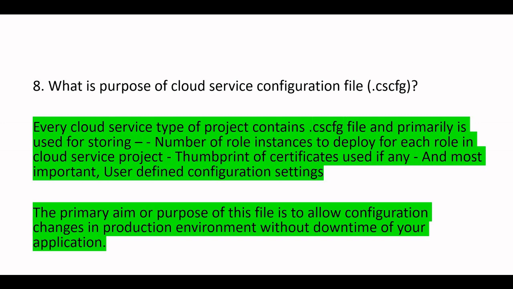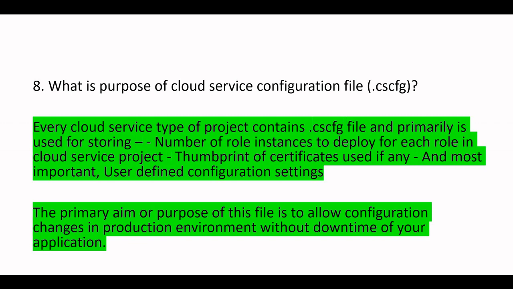To avoid these scenarios, the cloud service configuration file comes into play. It basically removes the dependencies of your application binaries, and if you change parameters in this configuration file, you can do it from the portal only, so it will not affect your application.